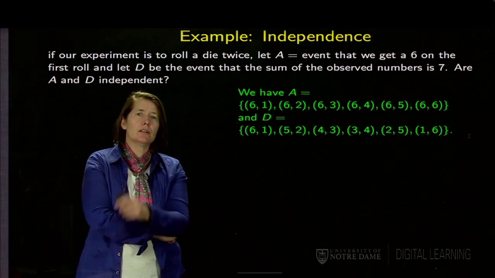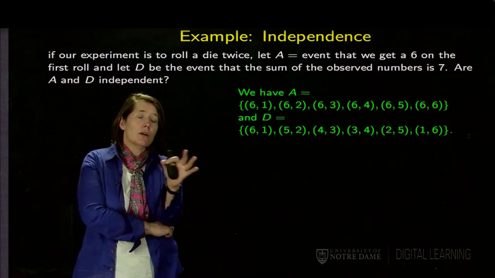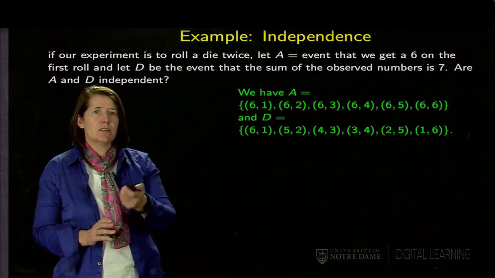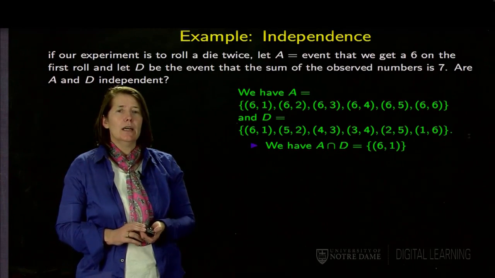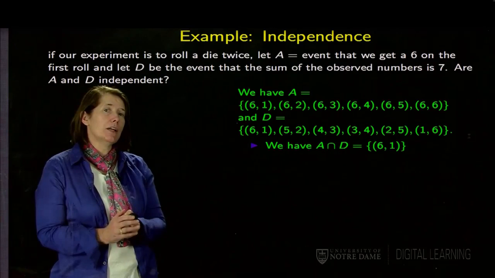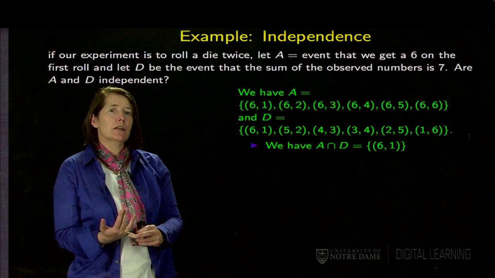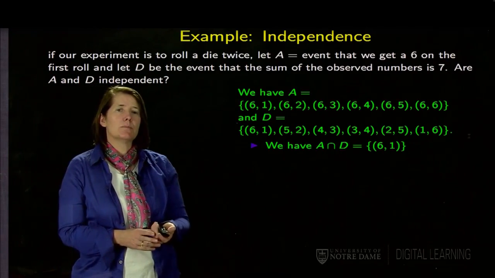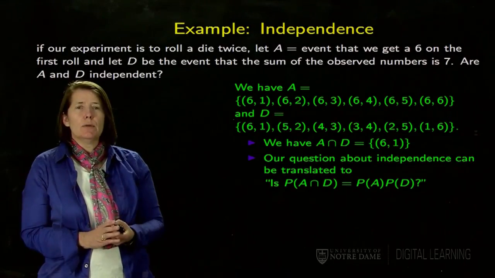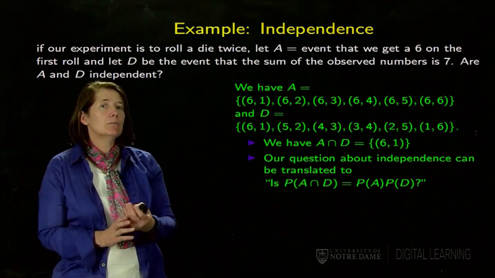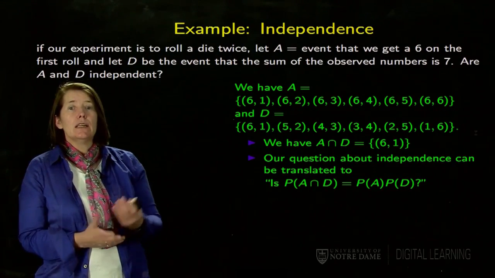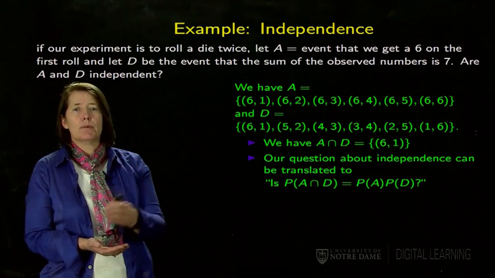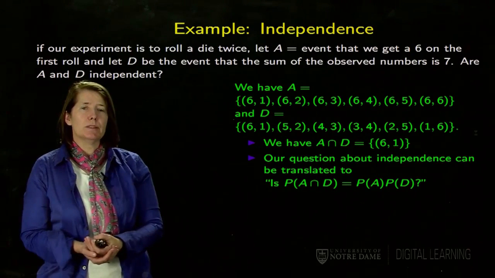So let's check using conditional probability. So we have 6 outcomes in A and 6 outcomes in D. I've listed them. And A intersection D has exactly one outcome, a 6 on the first, and then the sum is 7, so the second observation must be a 1. So our question about whether these two events are independent can be translated to the following. Is the probability of A intersection D equal to the probability of A times the probability of D?